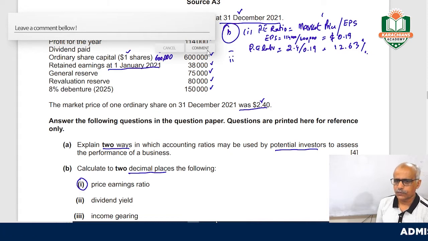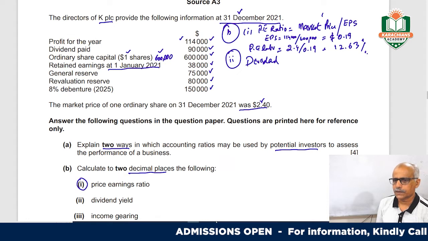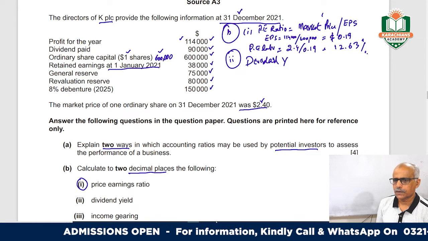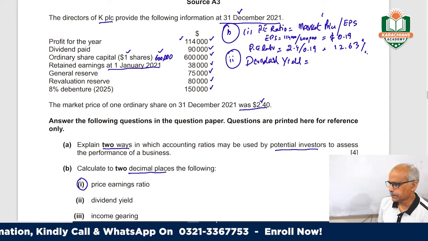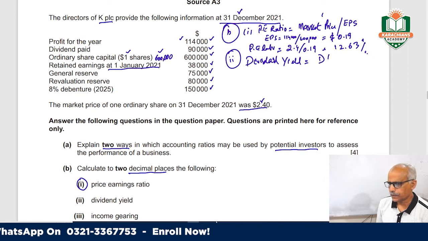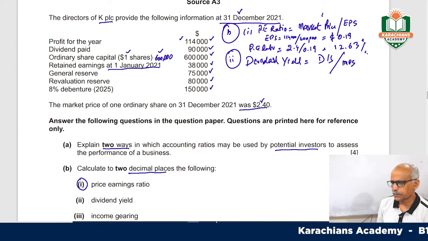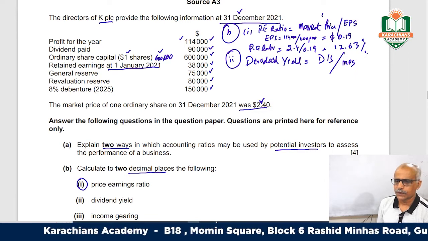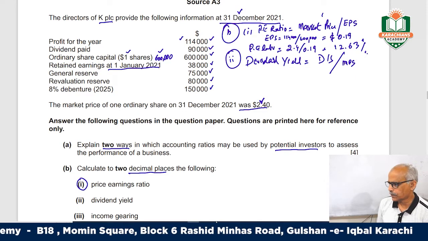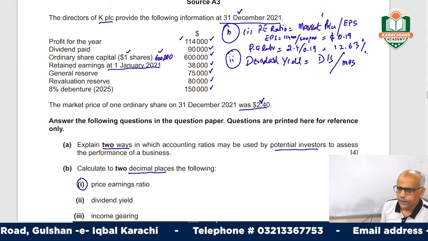Dividend yield. Number 2, we have to calculate the dividend yield. The formula for the dividend yield is dividend per share divided by market price per share. The market price per share we have, 2.4. Dividend per share we can calculate, it's not a big deal. How much dividend are we getting?